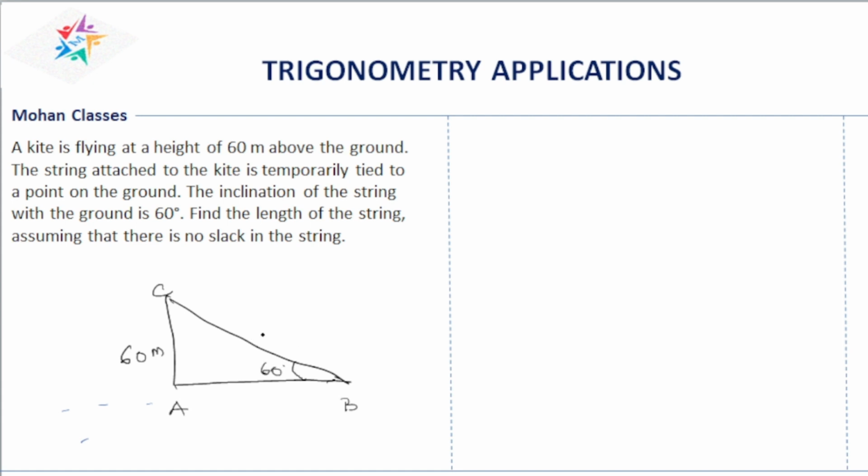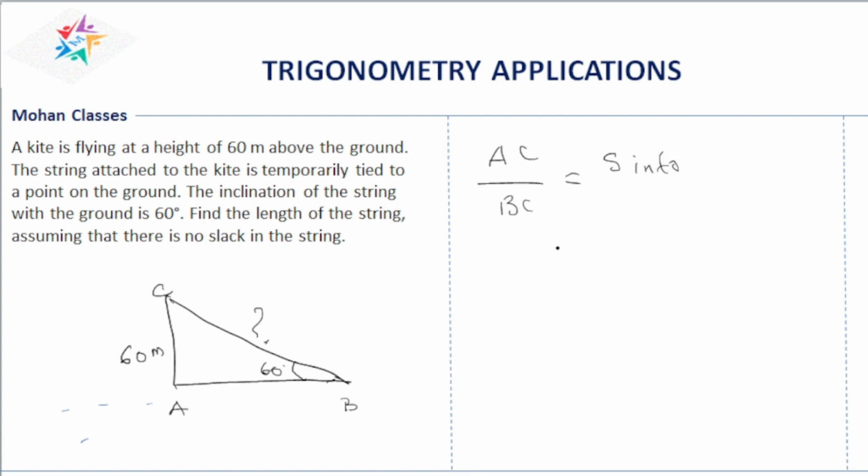This is the length of the string, which we have to find. Here we are given height and angle. We have to find the length. So what ratio we have to use? Sine ratio, right? Opposite, that is AC divided by BC, hypotenuse, is equal to what? Sine 60, right?